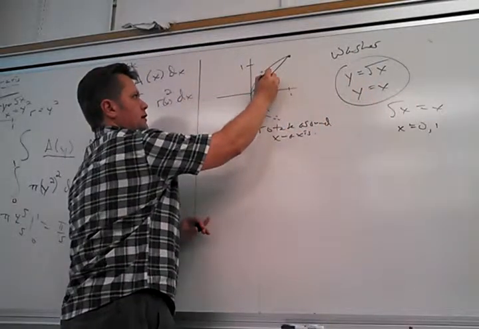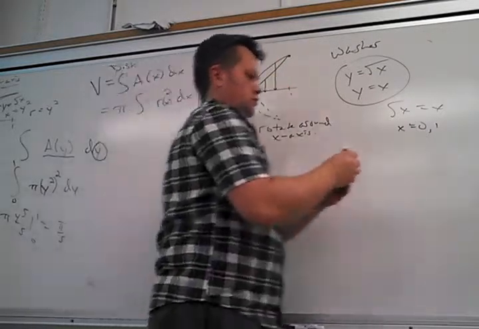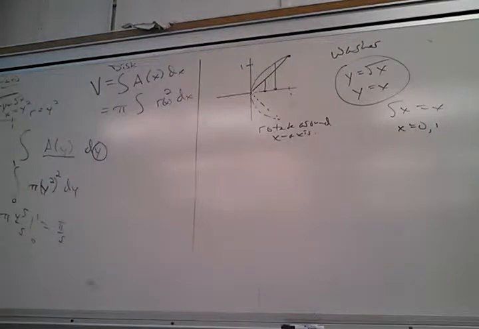So the inner radius is going to be here, and the outer radius is going to be there. Which way are they rotating this? Good, x-axis. So if I rotate this around and look inside, this thing is actually hollow.